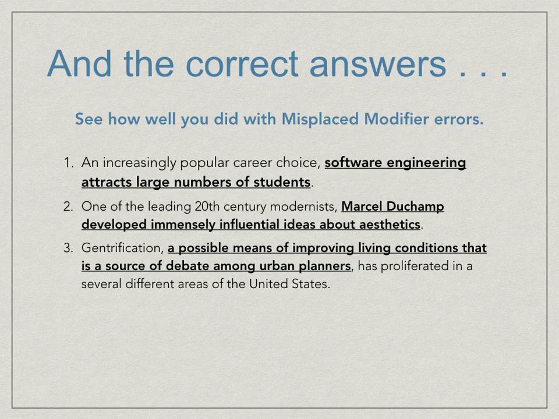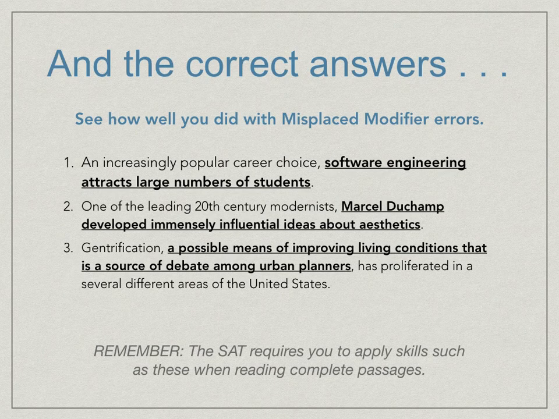Now, the other thing is that you will need to deal with these in terms of entire passages. So chances are, if you don't know on your own what gentrification is, the passage would tell you enough about that that you could figure out that, okay, yes, gentrification is a method. But the added challenge is you need to be able to spot misplaced modifier.